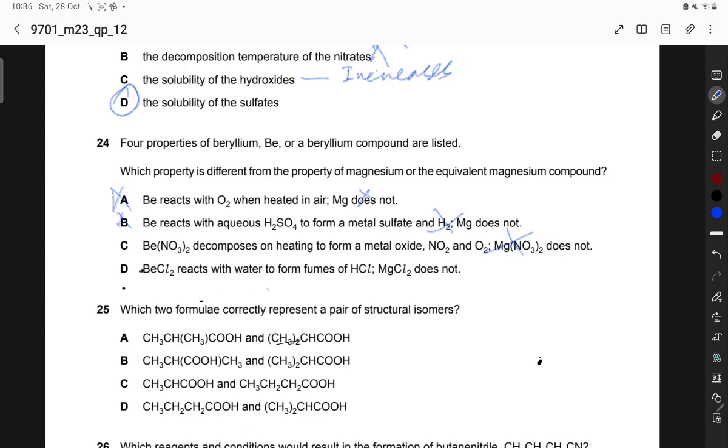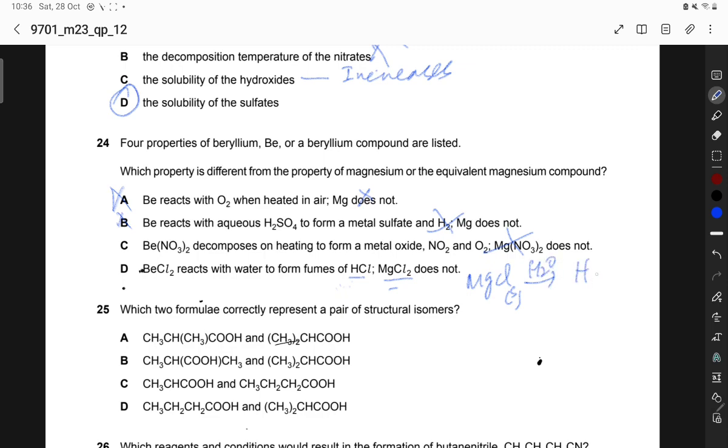Beryllium chloride reacts with water to form fumes of HCl. Magnesium chloride does not, because magnesium chloride only dissolves in water.